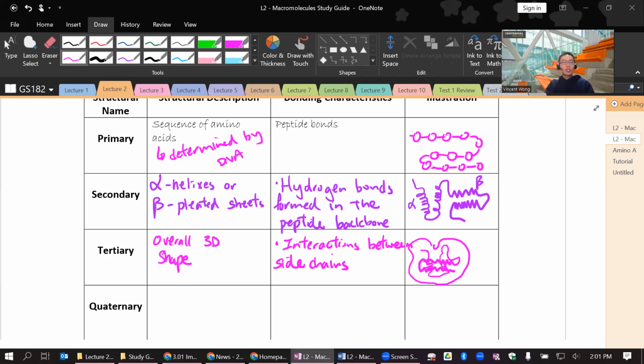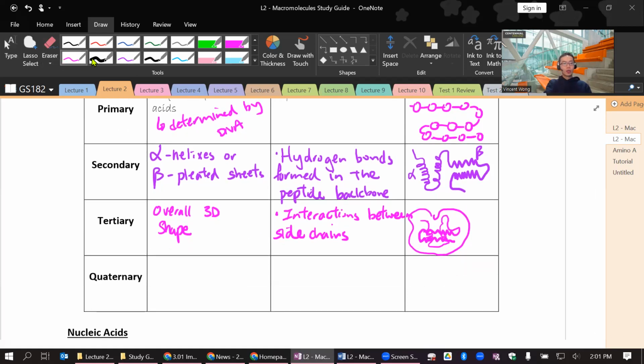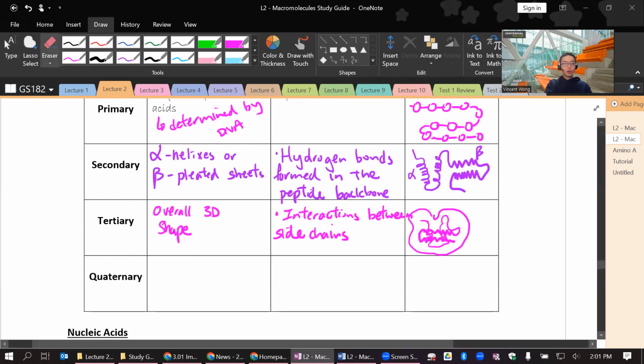A lot of proteins will stop at the tertiary level, but some proteins will move one level higher into the quaternary structure. Okay, so quaternary structure occurs when two or more polypeptides join together to form a complex.